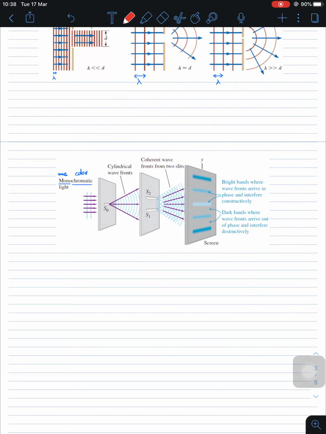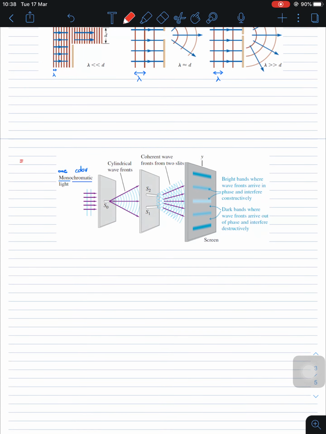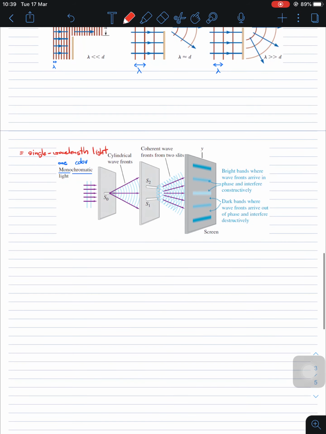When we have monochromatic light, we will have single wavelength light. That is the meaning of monochromatic.